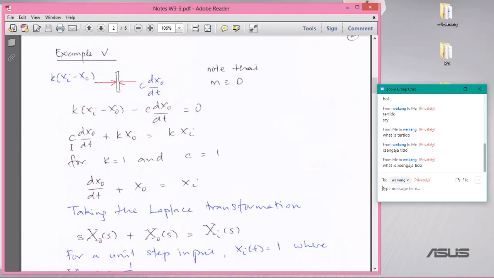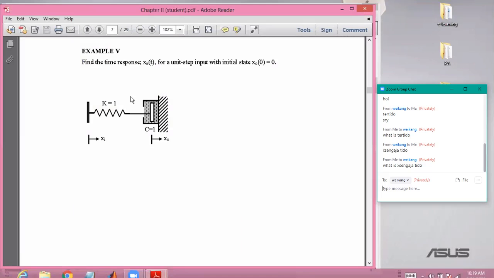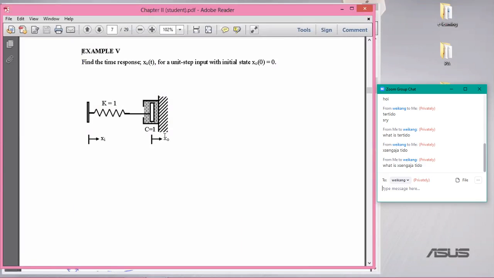Now we can rearrange the differential equation with the output variable on the left and the input variable on the right. In the question, we were given that k is equal to 1 and c is equal to 1. This is for simplicity.